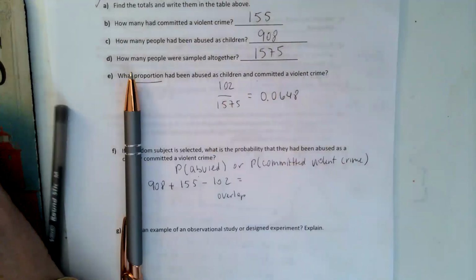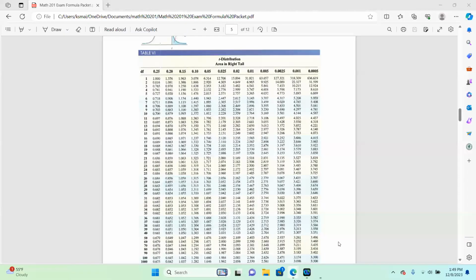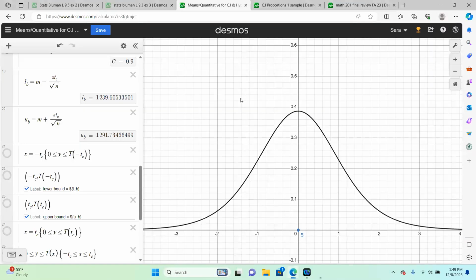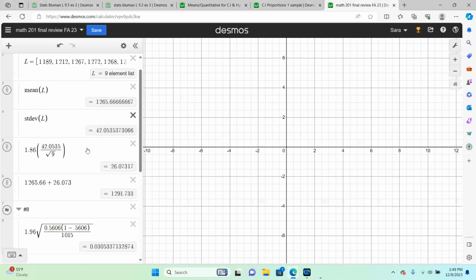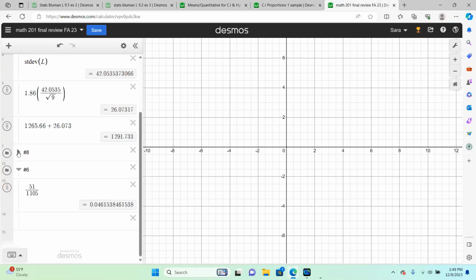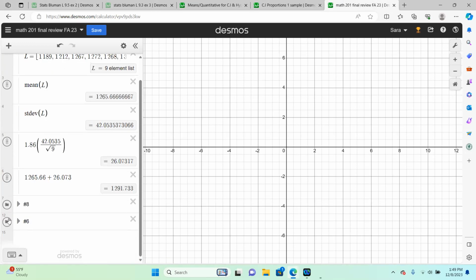So let's go ahead to Desmos. And this is 7.